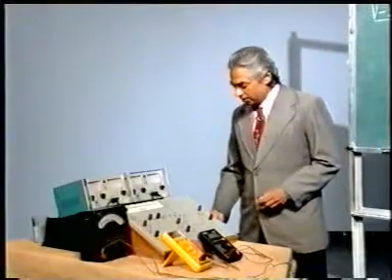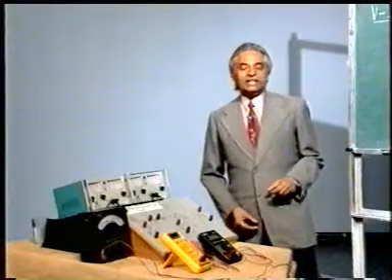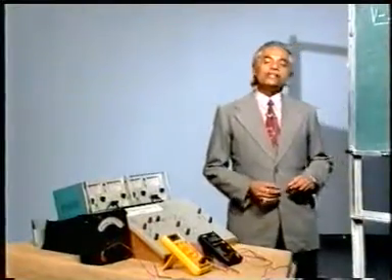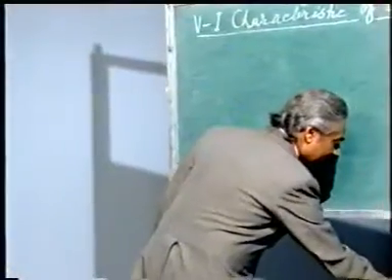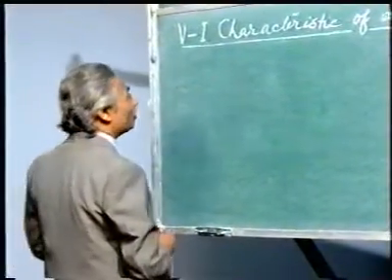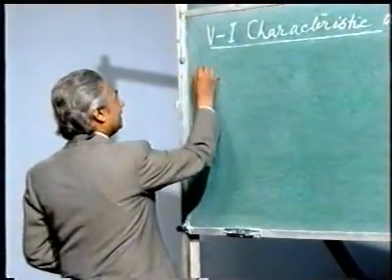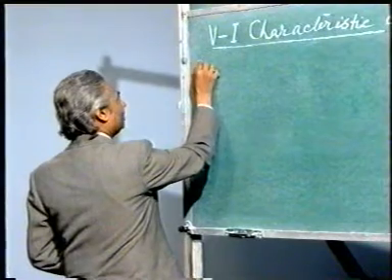But before we actually do the experiment, let me explain a little bit of relevant theory regarding UJT. Now if I symbolically draw a UJT, the diagram will be like this.